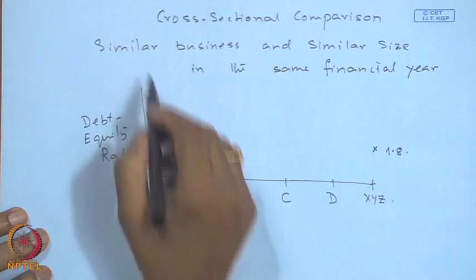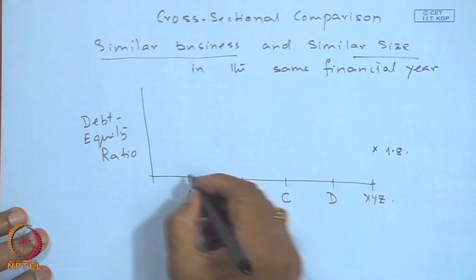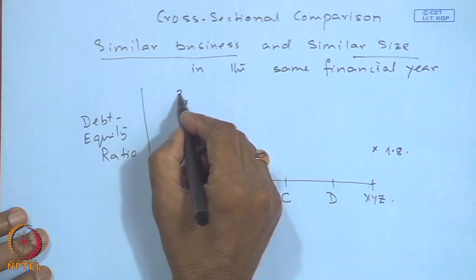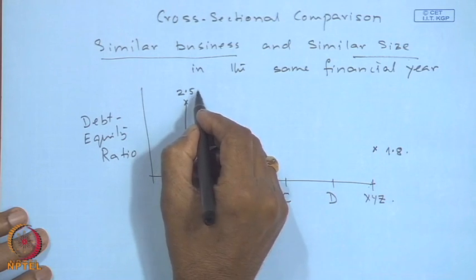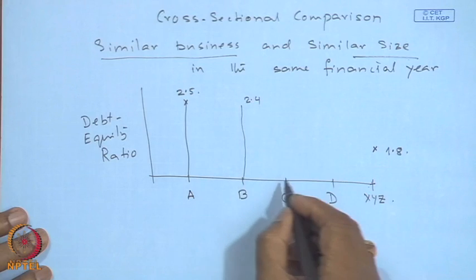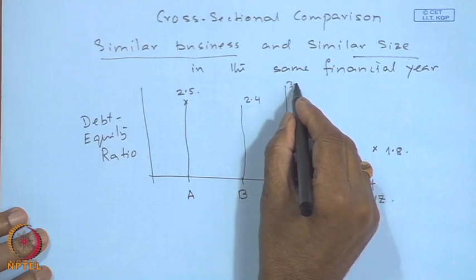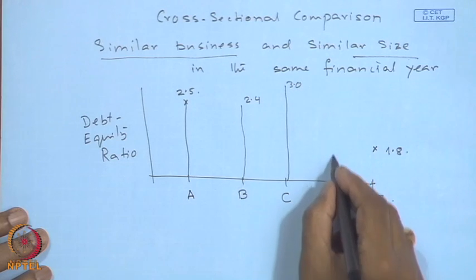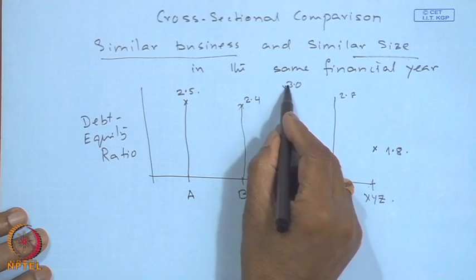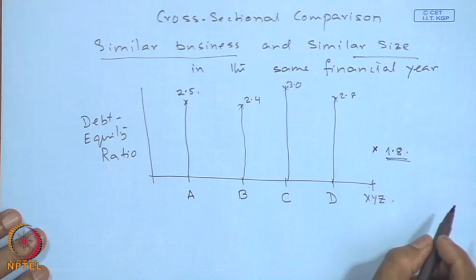and for similar companies and similar size companies, the values are 2.5:1, 2.4:1, 3:1, 2.8:1, and we stand somewhere at 1.8.